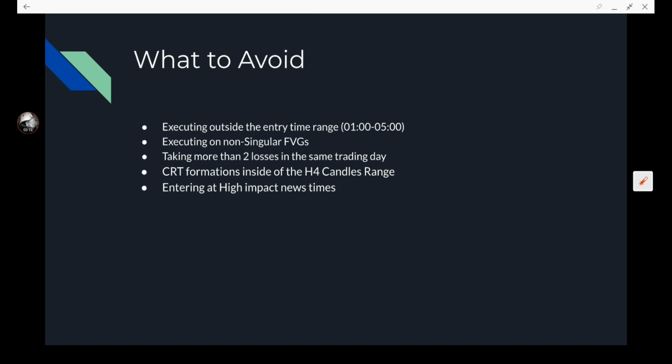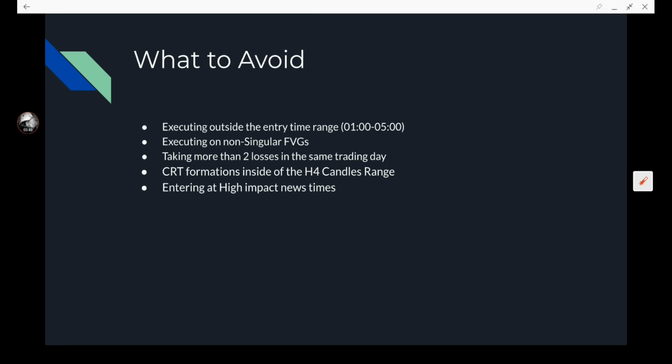That is the London session. You should always execute inside the London session or the London Q zone range. If you execute outside that range using the H4 candle's high and low, you might take a lot of losses, since we are trying to catch the Judas swing with this strategy.